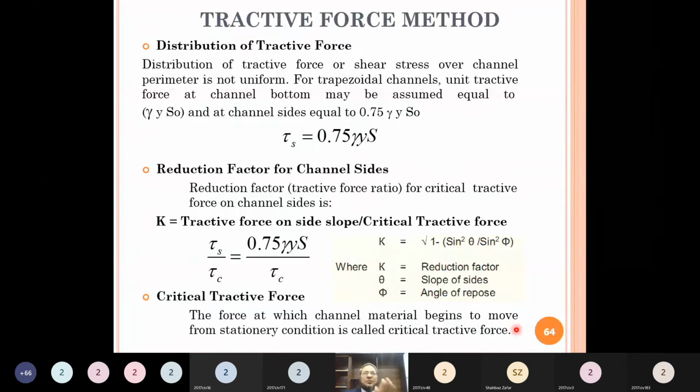It means the opposing forces on this sediment particle are exactly equal to the resisting forces. That state is called the critical state, and the tractive force at that state is called the critical tractive force.